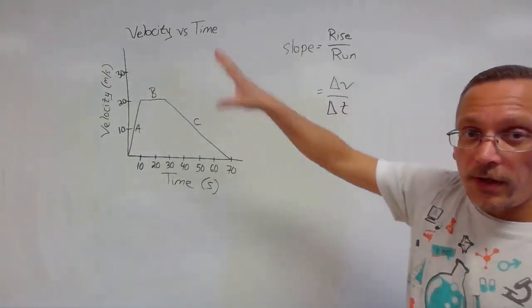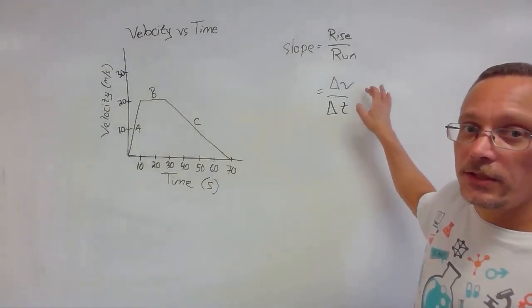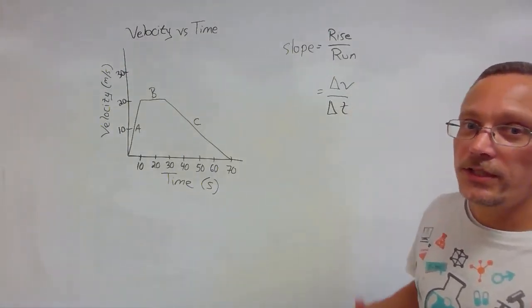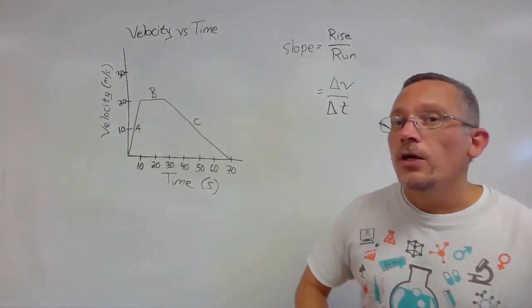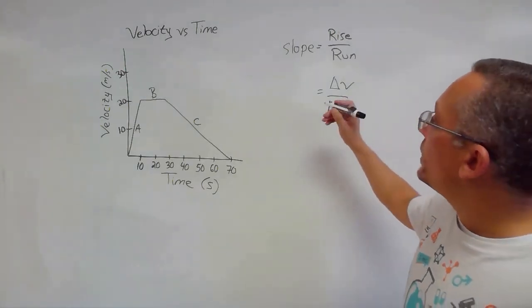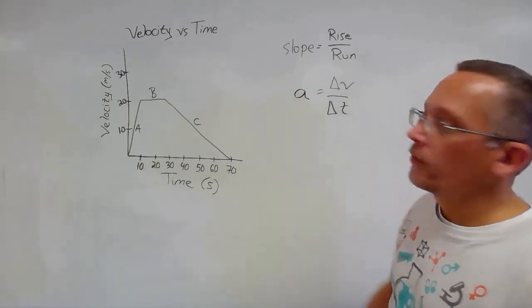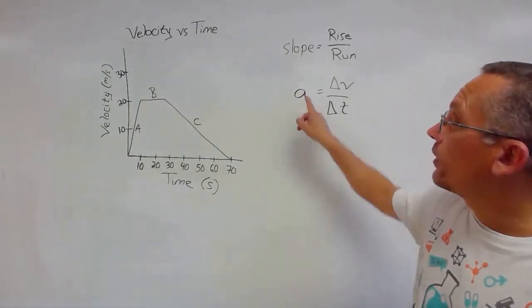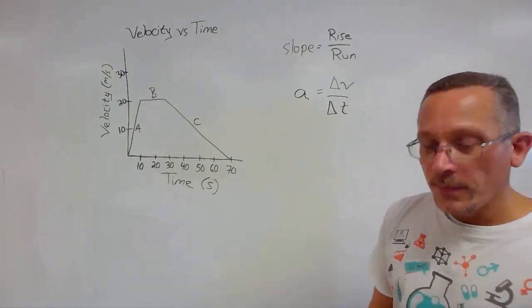So the slope of the line on our graph is delta v over delta t. It's the change in velocity over the change in time. And we give this a special name, a special meaning. We call this the acceleration. Acceleration, we use the lowercase a for acceleration. So the acceleration is the change in velocity divided by the change in time.